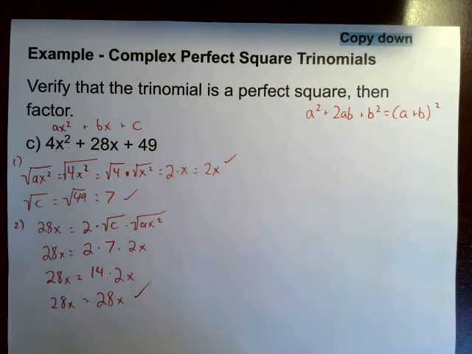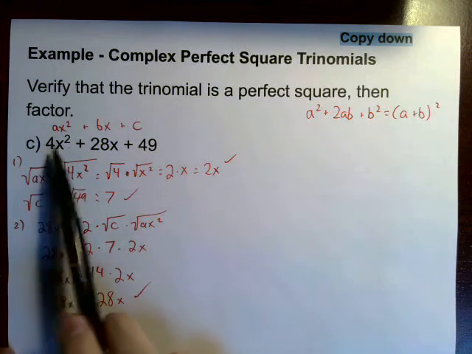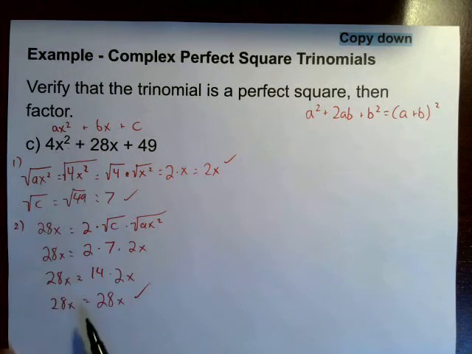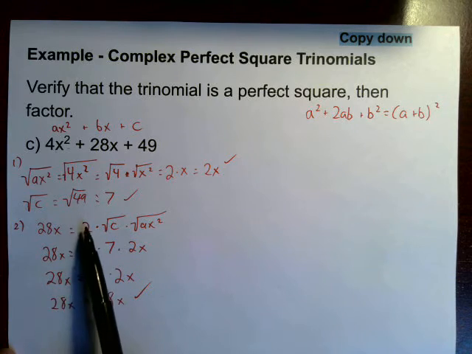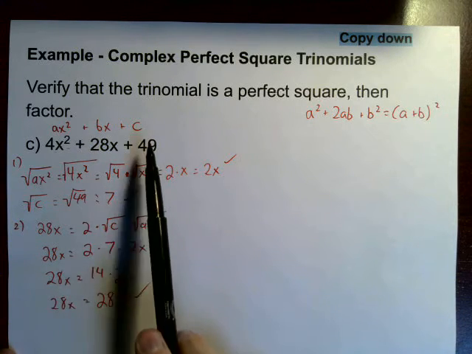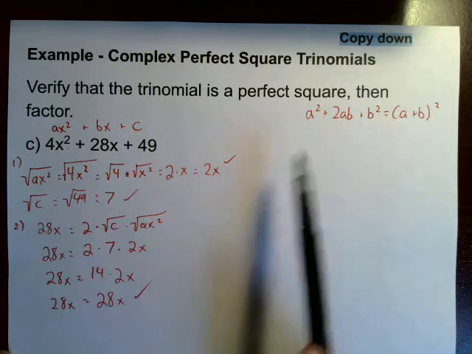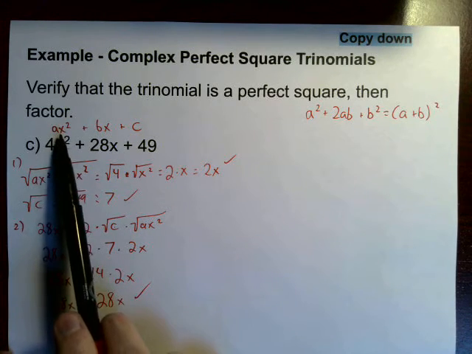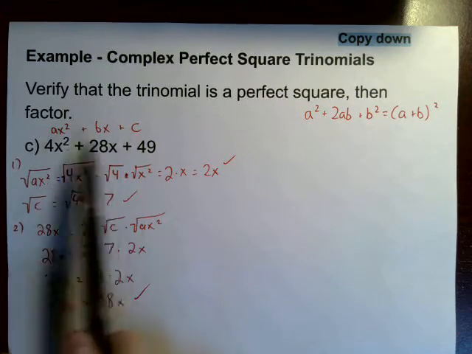So we've now proven that the trinomial is a perfect square because we've proven that the first and last terms are perfect squares, and we've proven that the middle term is equal to 2 times the square root of this times the square root of this. So really, this is just one way that I think is helpful to represent it because we're used to seeing trinomials in this form.